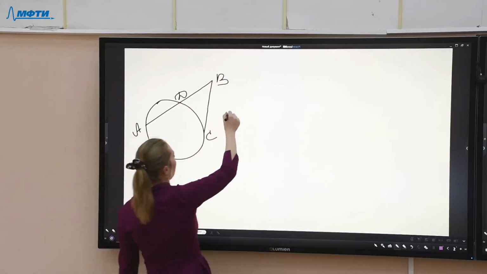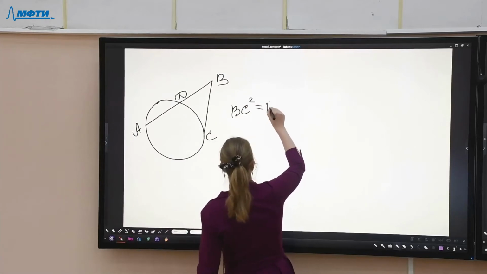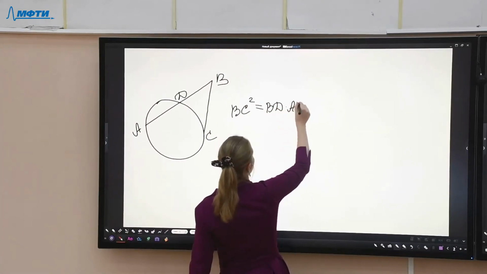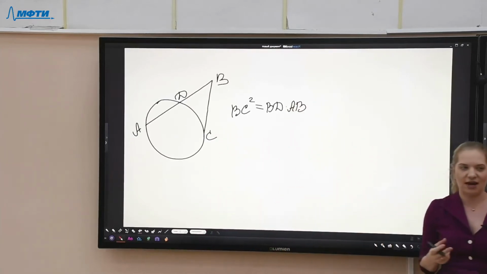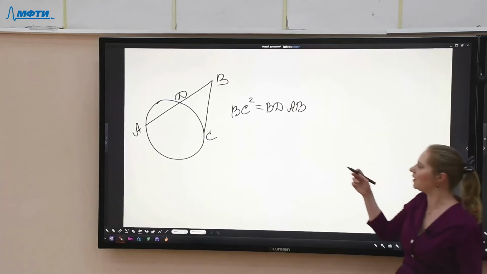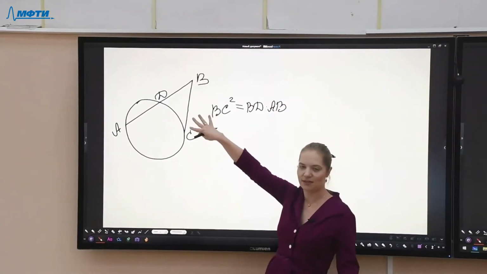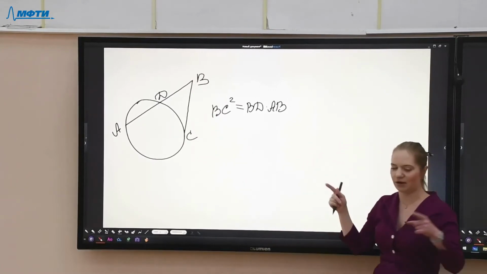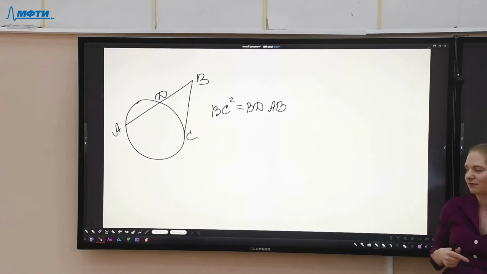We know that BC squared is BD times AB. So we can say that BC, a segment of a tangent line, is the mean proportion of a line segment of a secant outside a circle and the whole line segment of a secant.